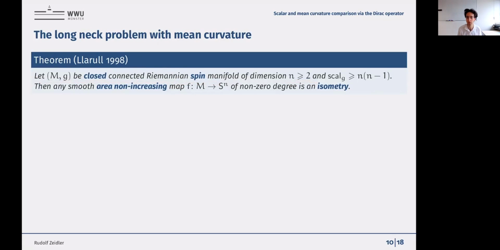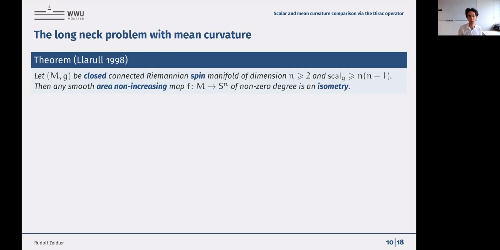and it has scalar curvature bounded below by n times n minus 1, which is our favorite normalization constant, which is the scalar curvature of the standard sphere. And if you then take any smooth area non-increasing map from M to the n sphere, such that it has a non-zero mapping degree in the topological sense, then it actually must be an isometry.